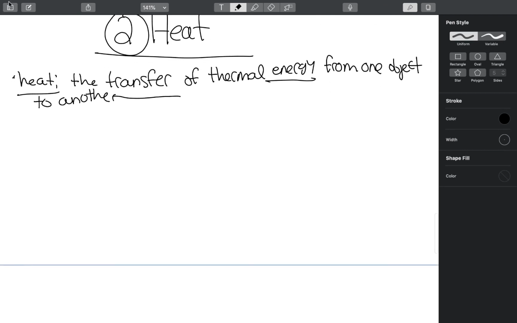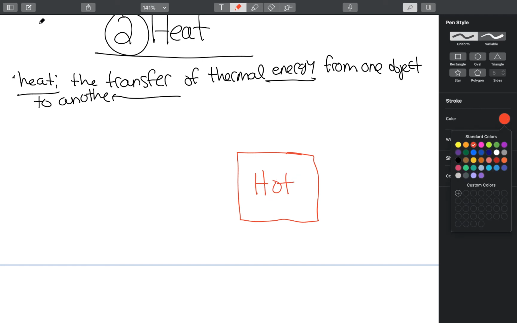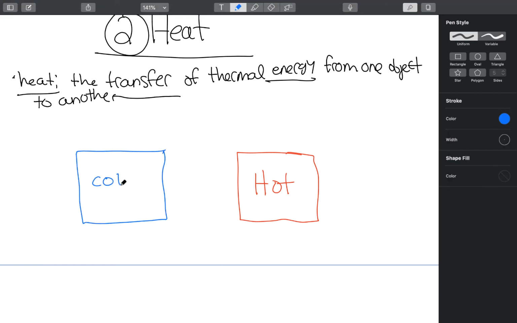So in order to understand this, imagine a hot object. So I'll just do this in red. So you have a hot object. So it's hot. And then a cold object. So cold. Heat will flow from the hot object to the cold object, which makes sense.